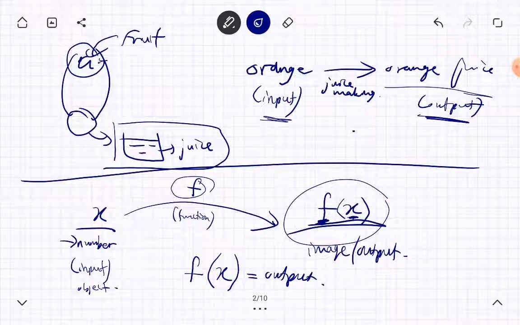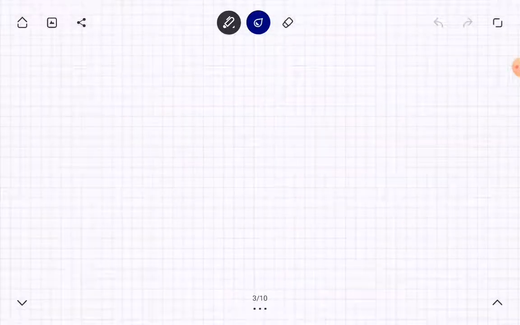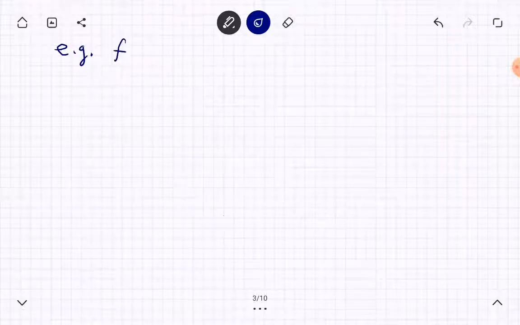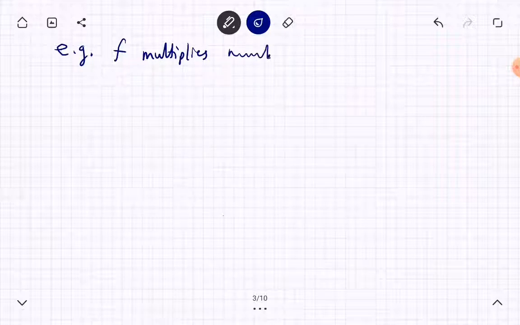This notation is important because this is how we are going to write our functions. Let me give an example. We have a function f. What this function does is it will multiply numbers by 2.